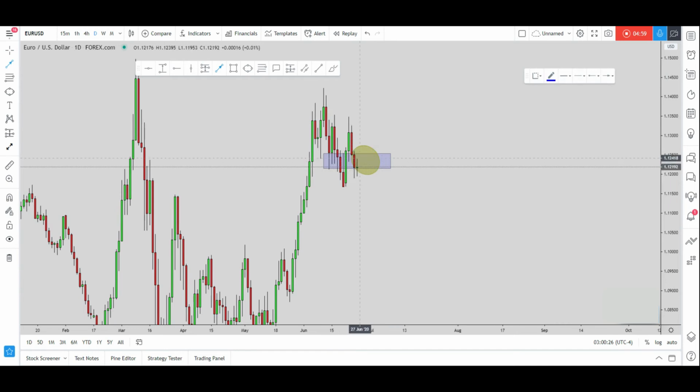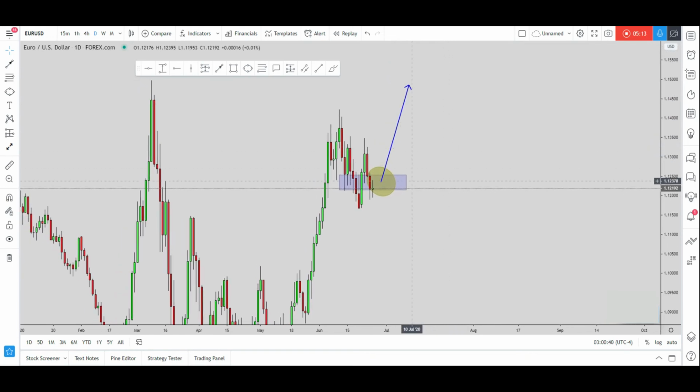So if the market on the 4-hour time frame will clearly show us that it has shifted from a bearish market as it is right now to a bullish market, then with students we will add Euro USD on the watch list, and we will be monitoring price action on the 4-hour time frame inside of this area, waiting for the market to provide to us one of our valid entries. And as soon as the market provides one of our valid entries, we will be taking a nice long with a very good risk to reward and very good probabilities for the move to the upside.